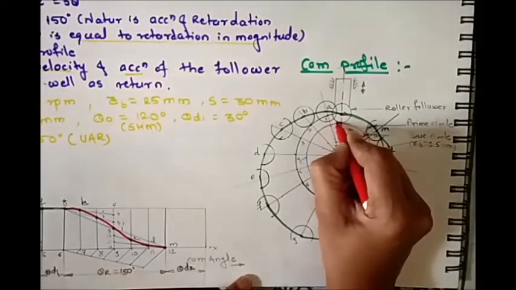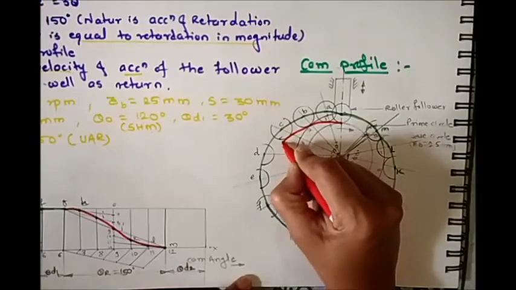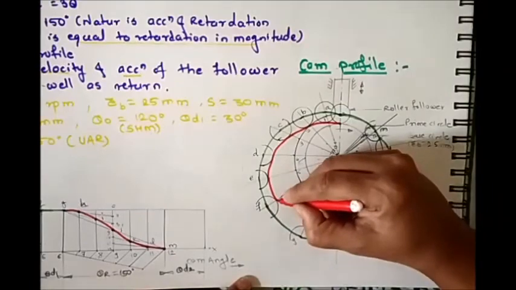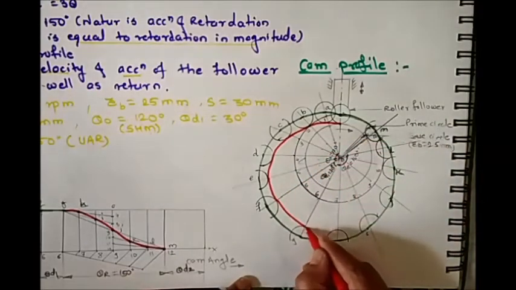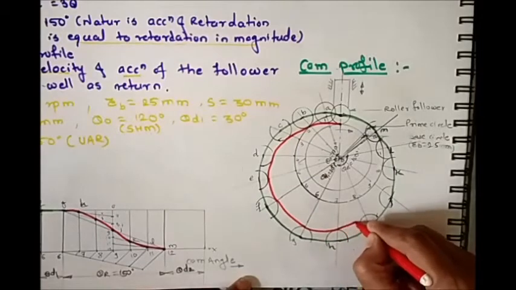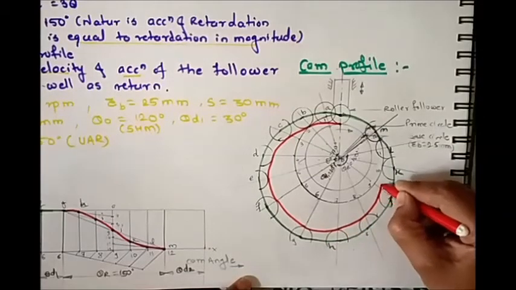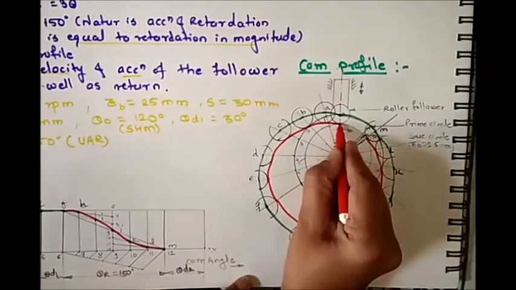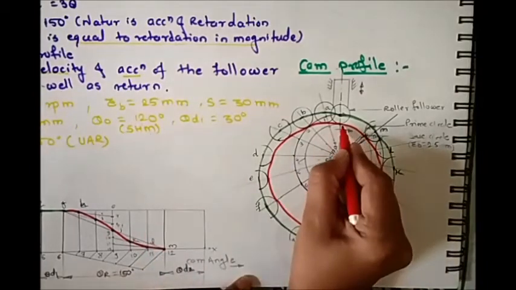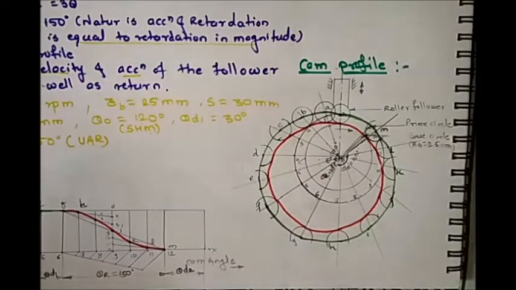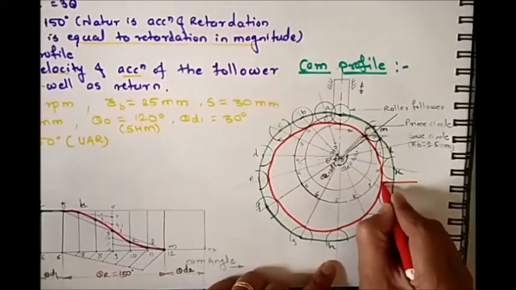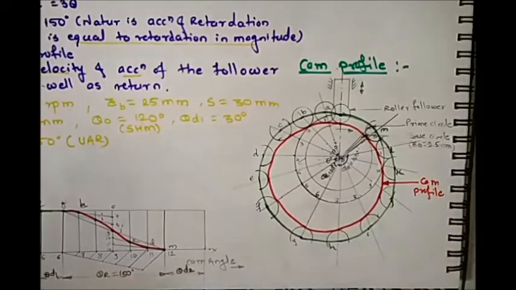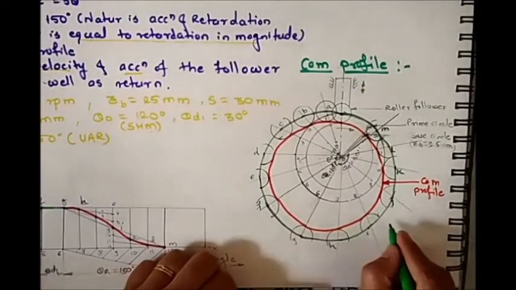Now just trace a smooth curve which is tangent to all the rollers, up to this. Now for the dwell, this is our tangent. This red line represents the cam profile and this green line represents the pitch curve.